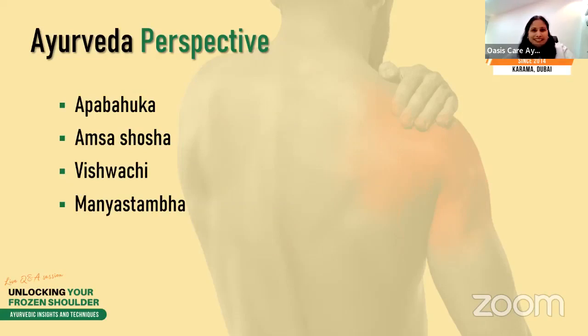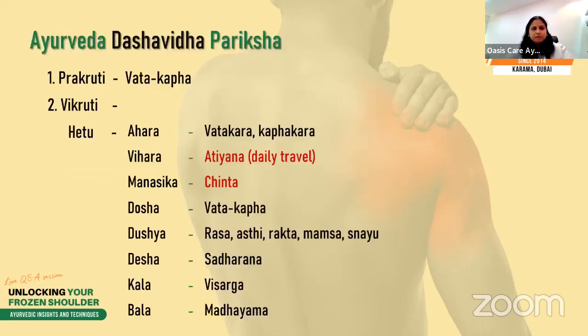I'm not going into very much detail in that, but how Ayurveda looks at frozen shoulder, and how our treatment methodology or diagnostic methodology will be. First of all, as we all know, we see each and every patient in a different way, and each person has a different prakriti.